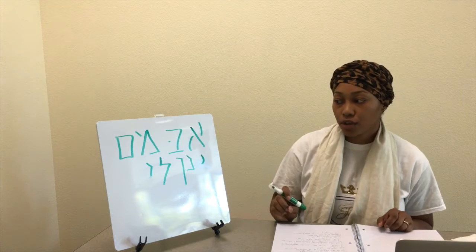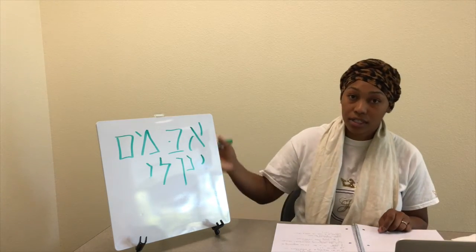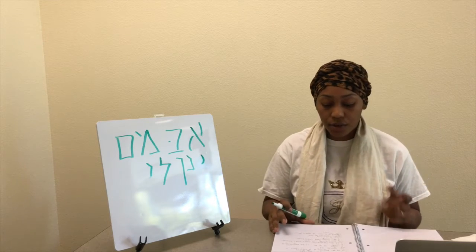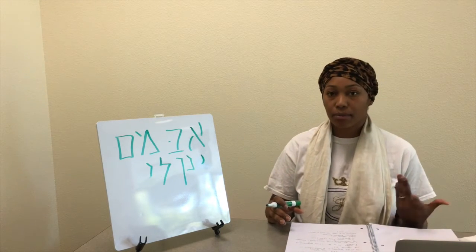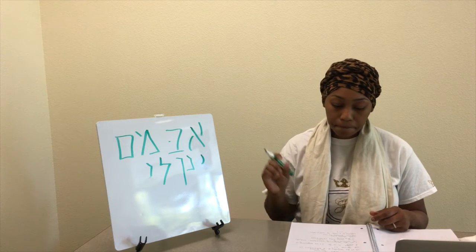These are the ones you should know so far, which is a very, very good place to be because there's a lot of words that use these letters. So as we start moving forward at a faster pace, you should have a pretty good knowledge base.